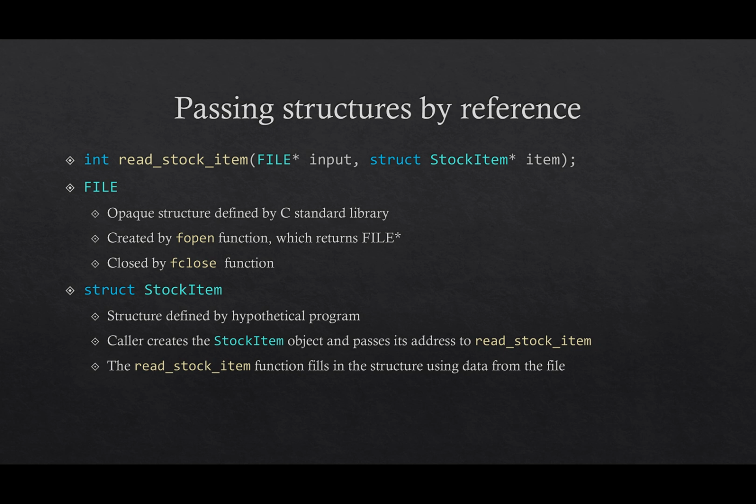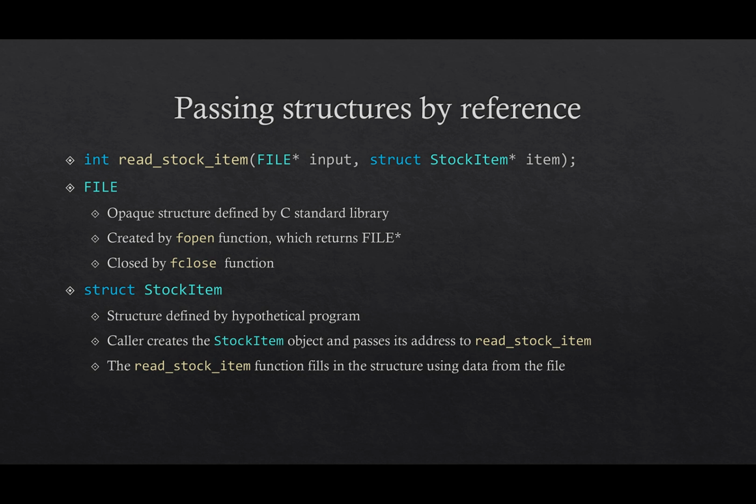I'm calling it read stock item, and the first parameter it takes is a pointer to a file structure. The parameter name is input. The second parameter is called item, and it's a pointer to a stock item structure. The function returns an int, which maybe is a code that indicates success or failure.